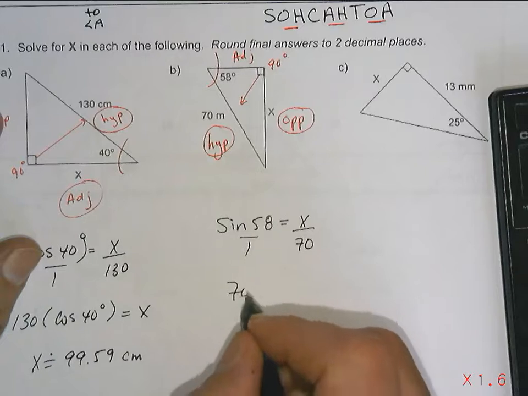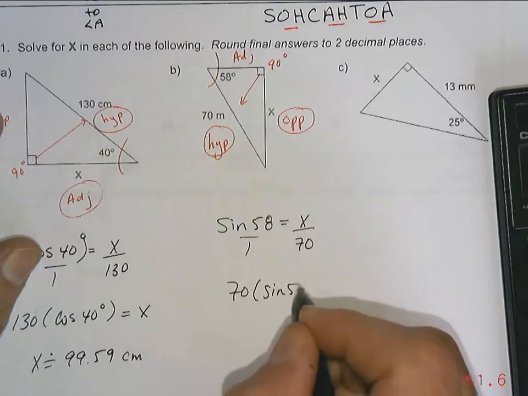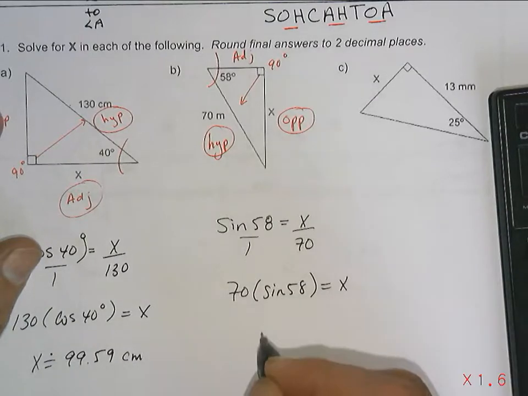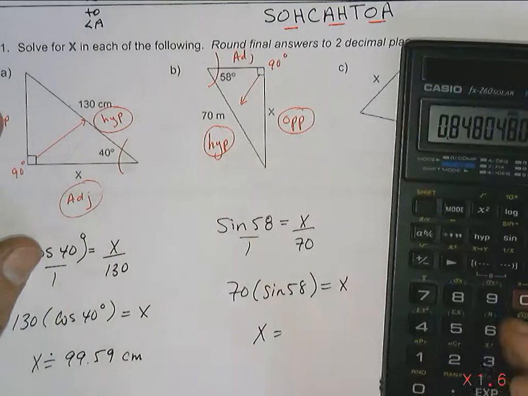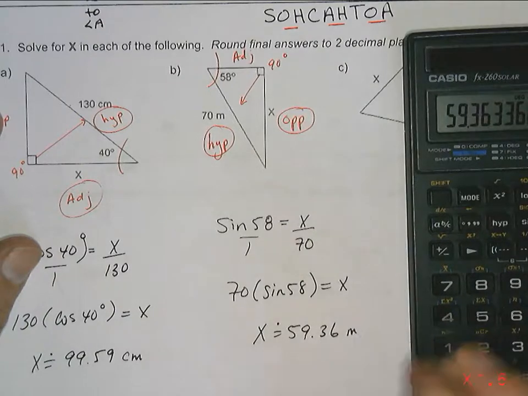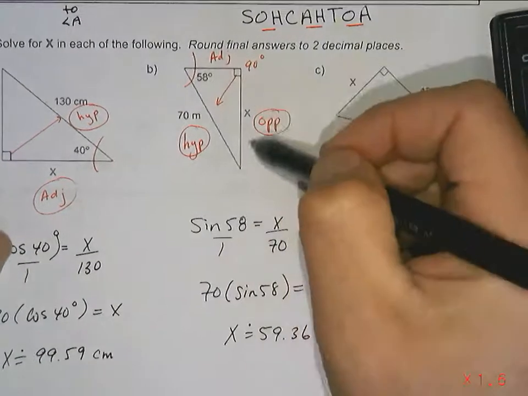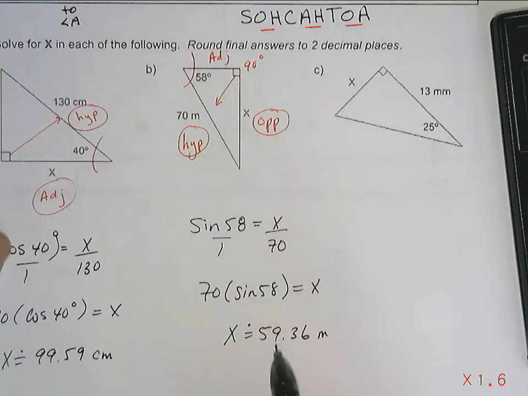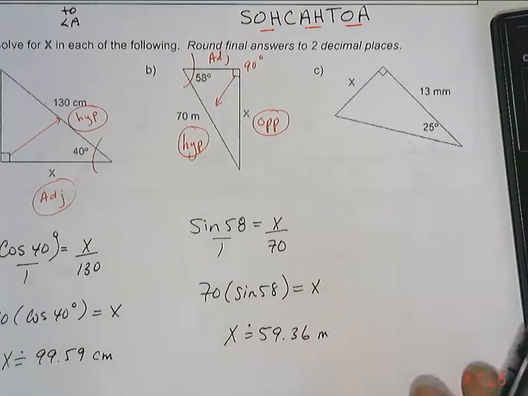That's going to give me 70 sine 58 equals x. So x equals approximately 59.36 meters, meaning that this length is 59.36 meters approximately.